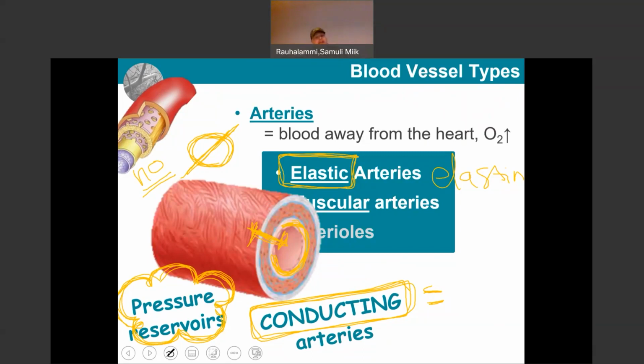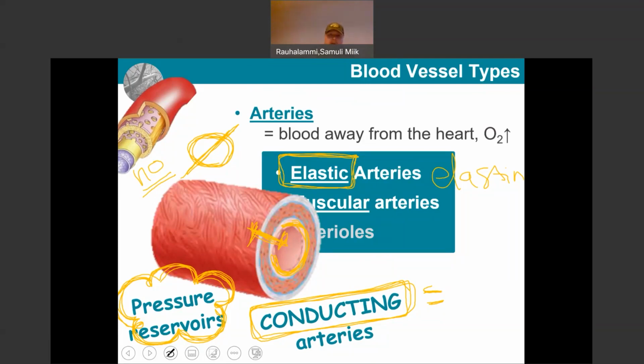So one way that we describe them sometimes is that they function as pressure reservoirs. And by that, I really mean that when there's a high pressure, they're able to adjust to that. When there's low pressure, they're able to recoil in response to that. So overall, we try to keep the blood pressure more consistent than what it would be when it would be shooting out of the heart.